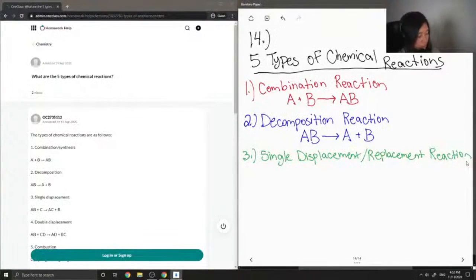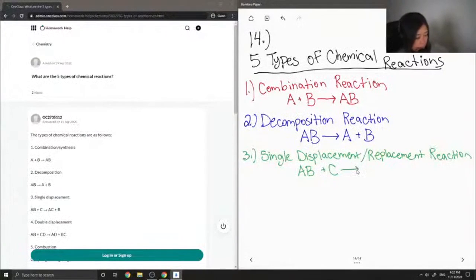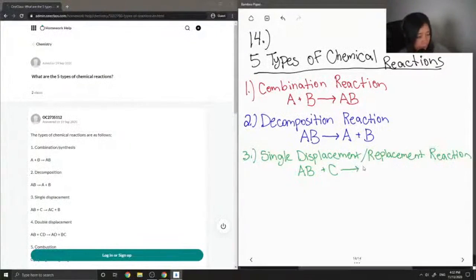So this is when you would have at least 3 elements involved. So let's say you had AB plus C. Basically, the C would swap out with one of the elements, and you end up getting AC plus B.